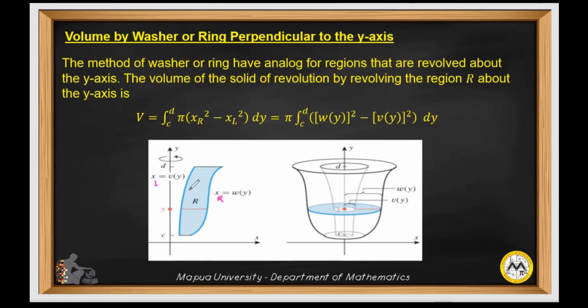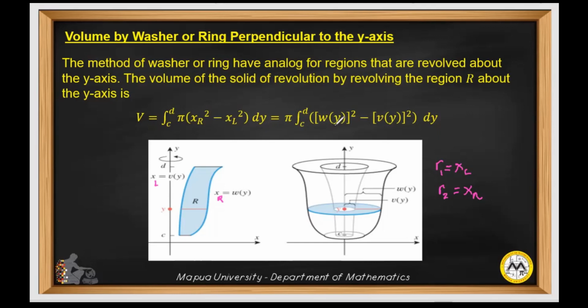x_L and x_R are both functions of y, so that the inner radius is equal to x_L, and the outer radius is equal to x_R. The volume by integration, based on the volume of the washer, is the integral within the limits of integration c to d of pi times x_R squared minus x_L squared times the differential of y.